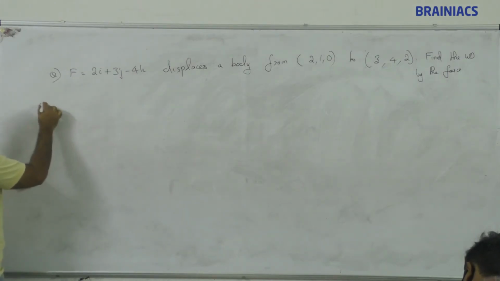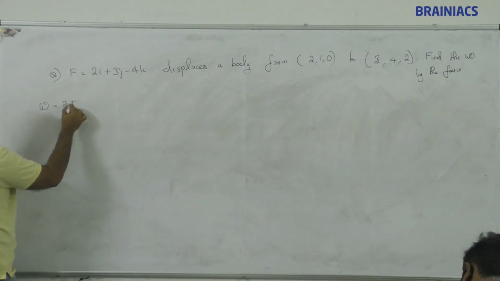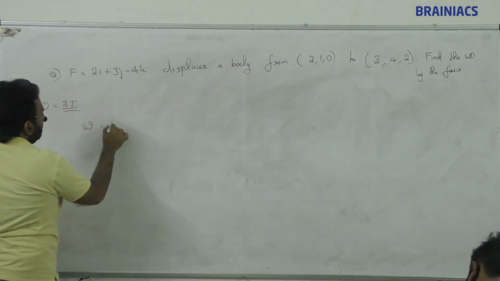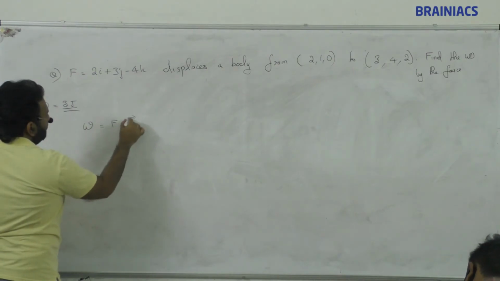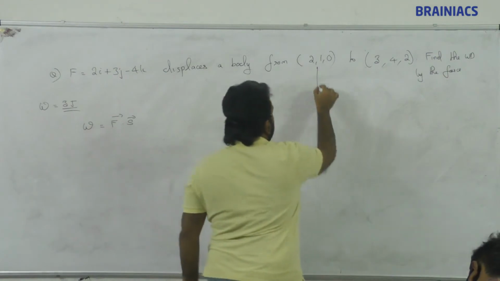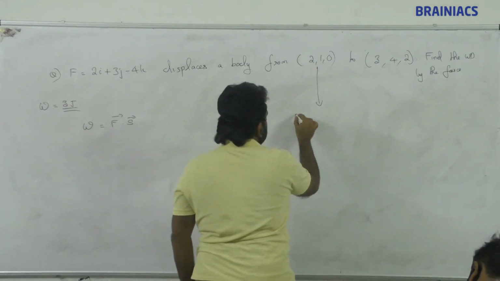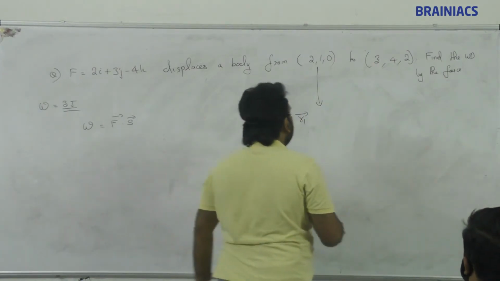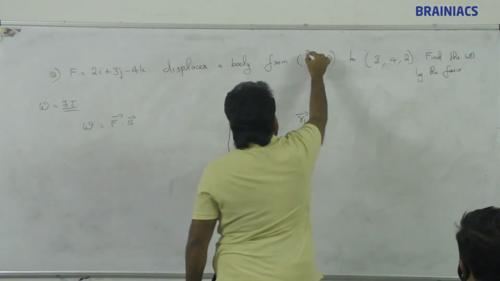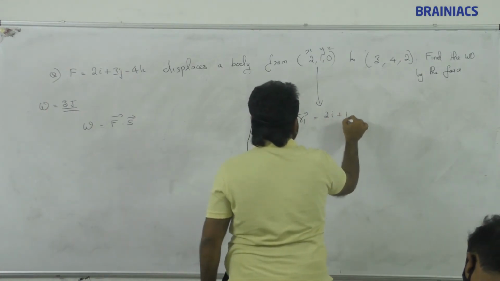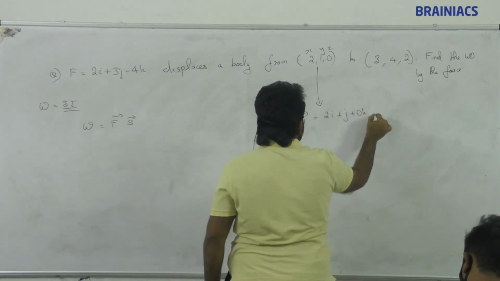What answer are you getting? 3 joule. So work done is 3 joule, correct? Work done by the force is F dot S. Now this is actually the position vector. The position of the object is given as x, y, z: 2i plus j plus 0k.